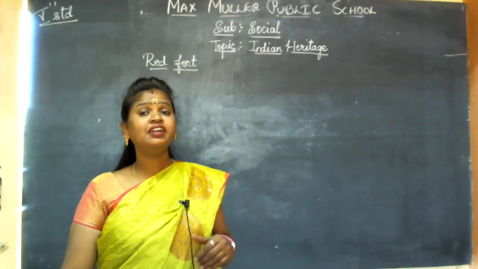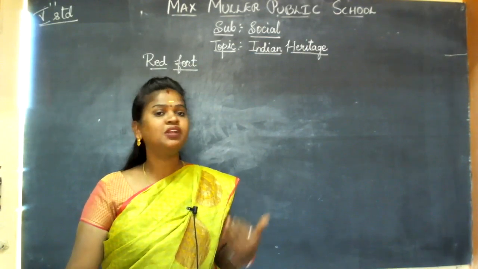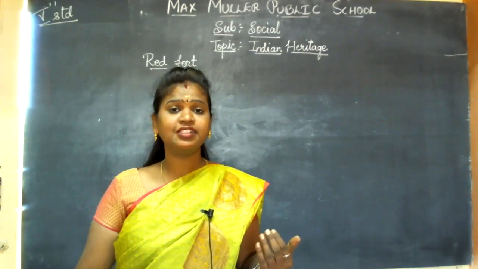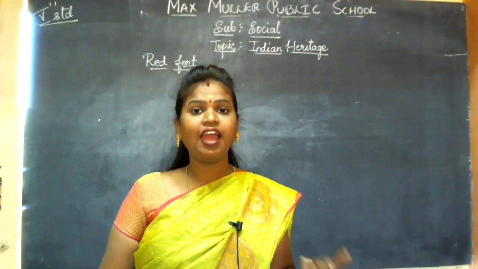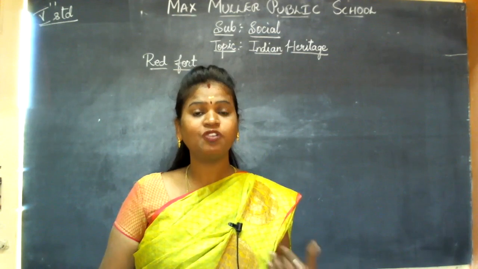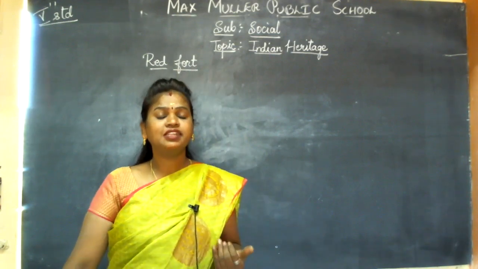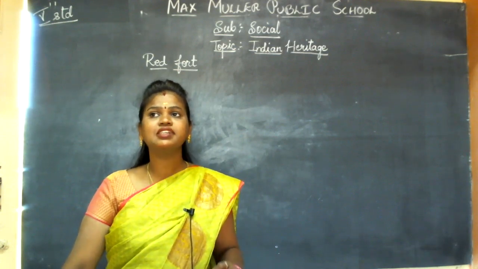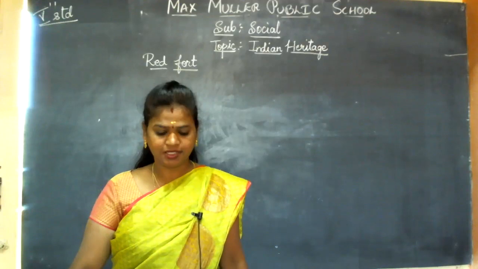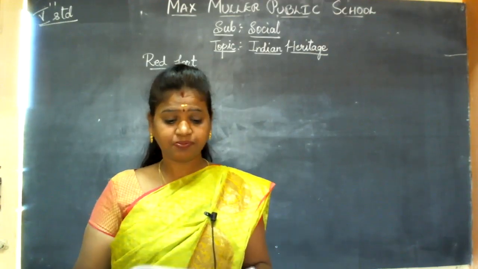So here let us see what materials were used to build the Red Fort, how many years it took, who built this Red Fort, and what was the history of this? What was the main significance of this Red Fort? Significance means importance. So I will read once, children, just look into your book.